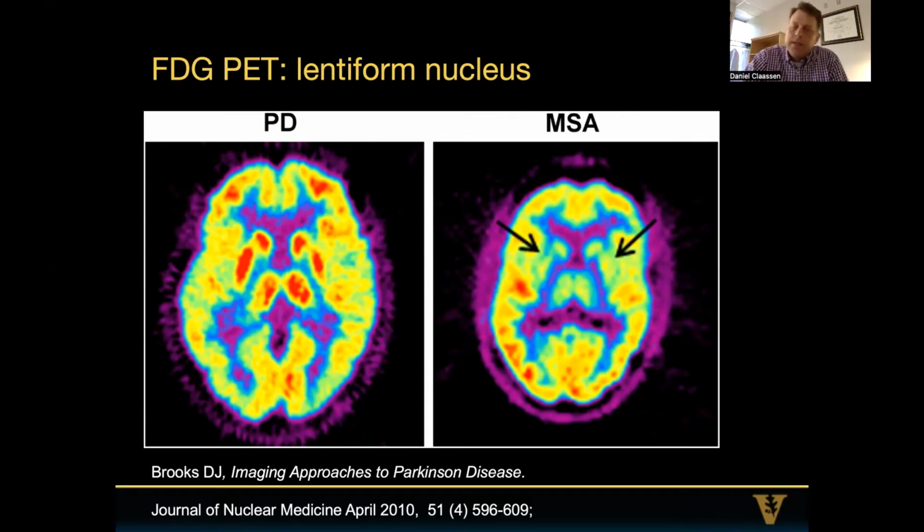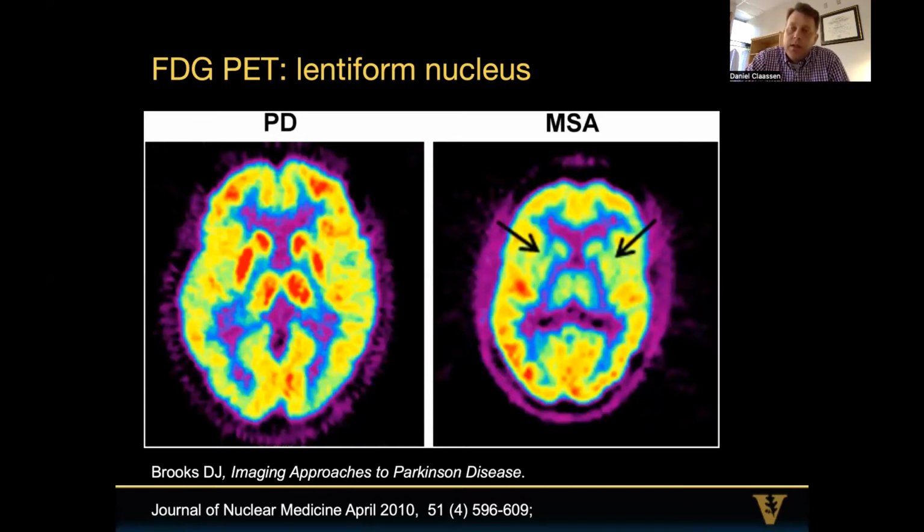So in Parkinson's disease, one might see generally a normal looking glucose map. You can see that same region I talked about, the putamen. You can see it nice and big. Red means it's using a lot of glucose. This inside part is the thalamus. There's the caudate. But in a patient with MSA, you'll find that their glucose utilization is reduced.